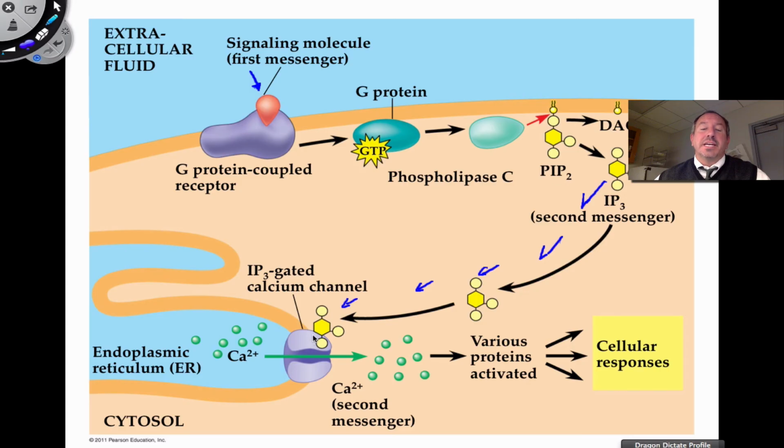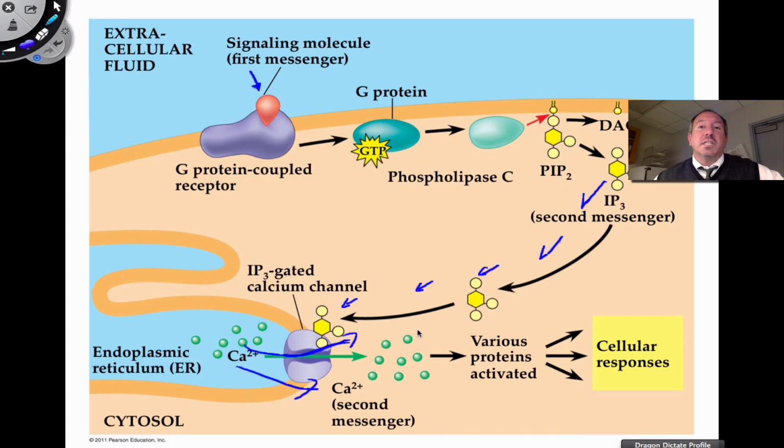Normally it's closed, and it can become activated or opened when IP3 attaches to it. When it attaches, it's referred to as a ligand-gated active calcium ion channel. So long story short, calcium comes pouring out. It's like you're opening up the floodgates.